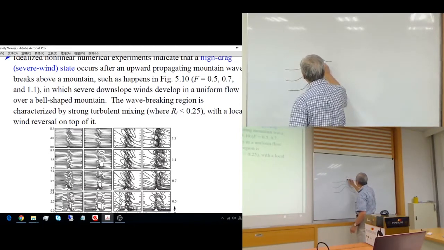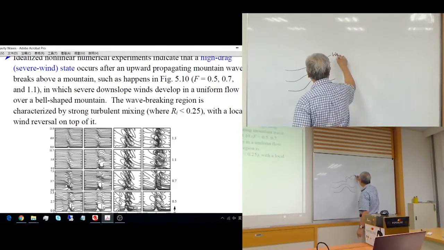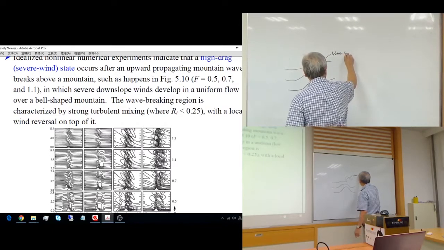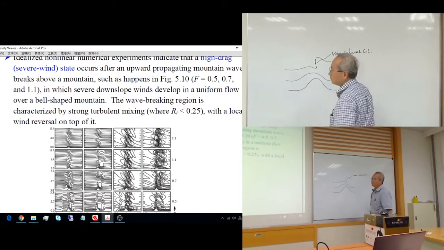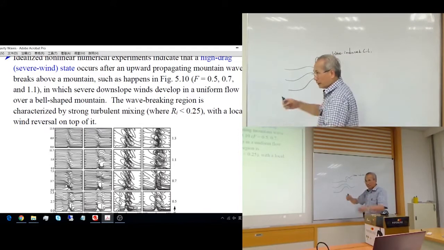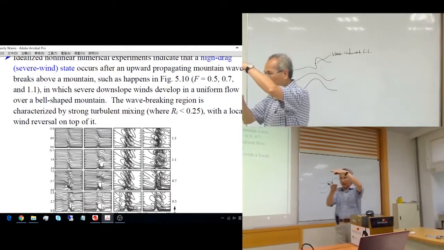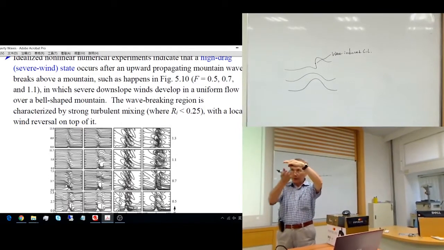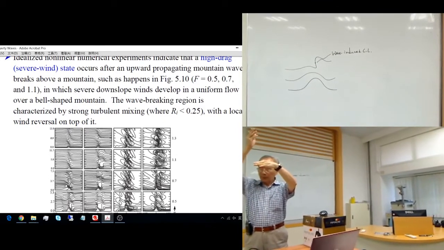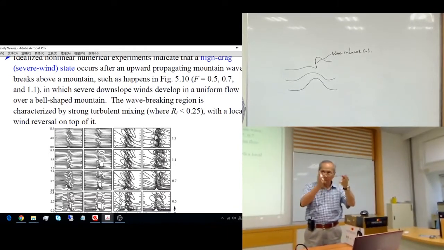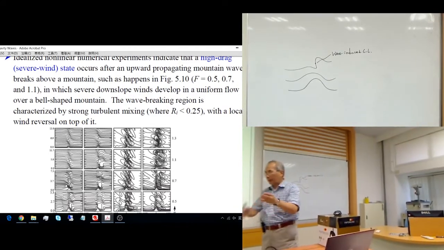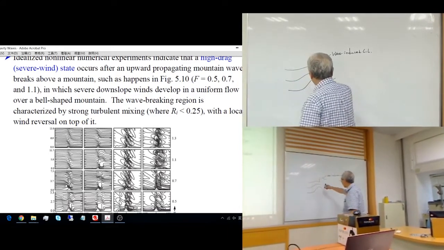So here we have the kind of wave-induced critical level, and that can provide a cap so the energy cannot propagate upward. A lot of it is accumulated, absorbed, and then advected downslope here.